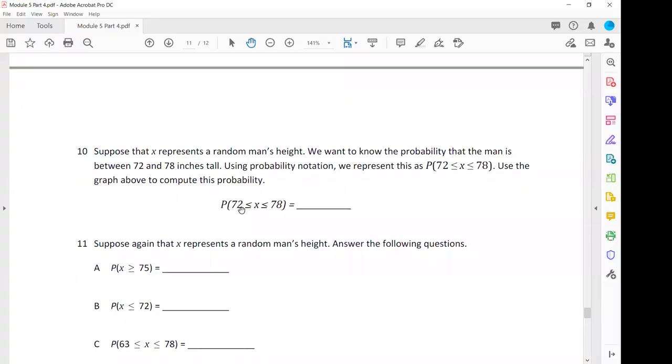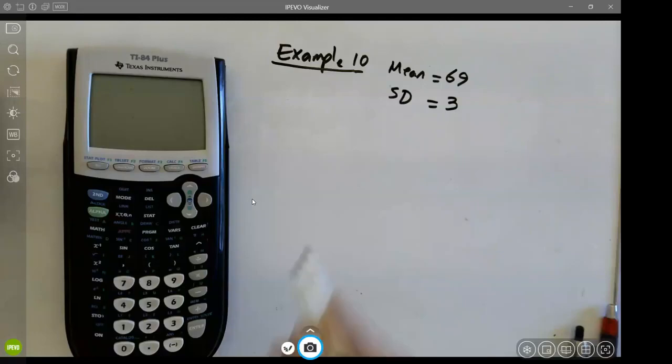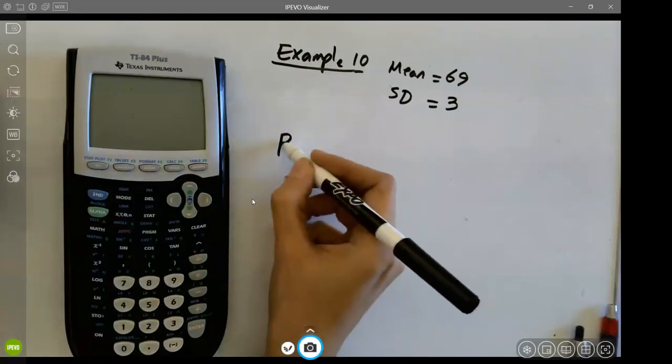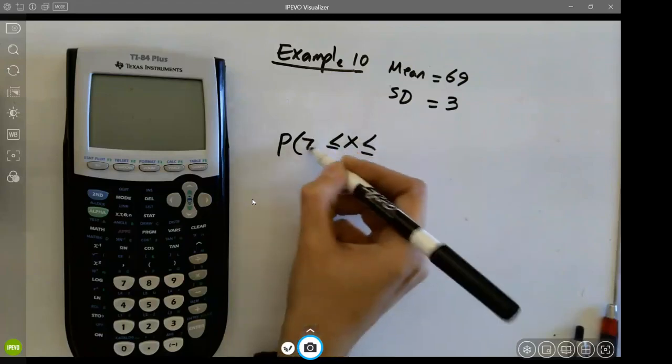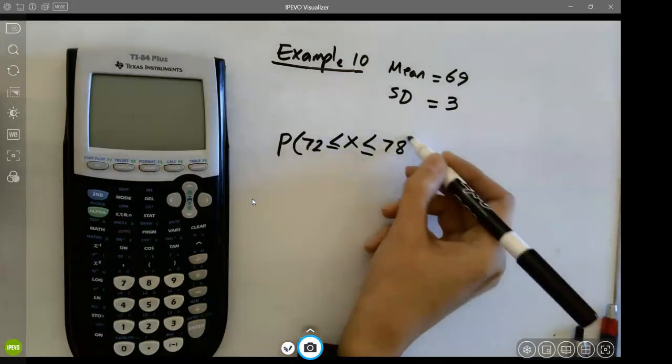We want to find the probability that X is in between 72 and 78.